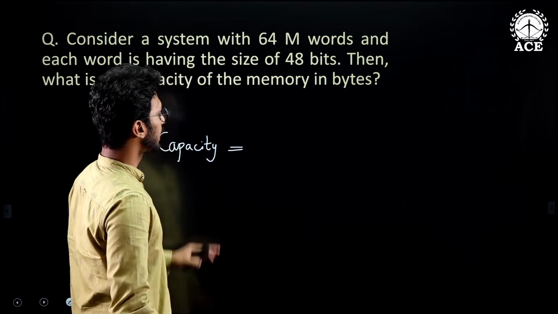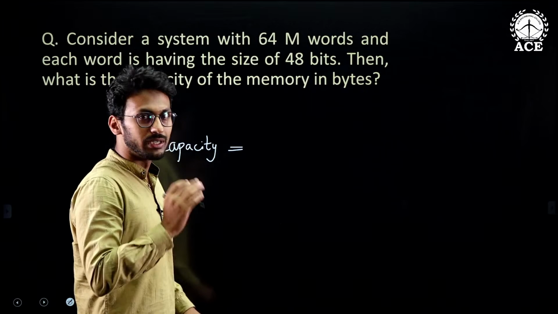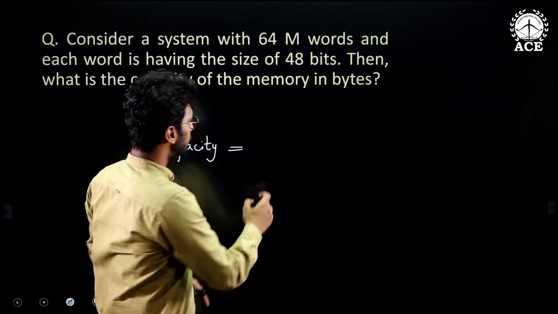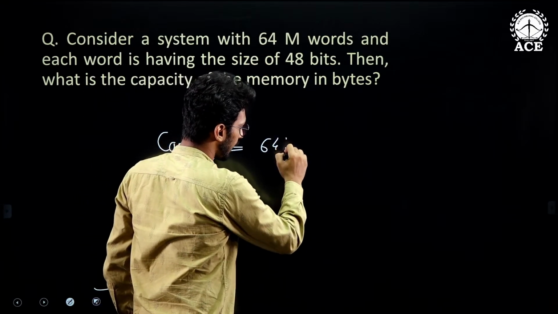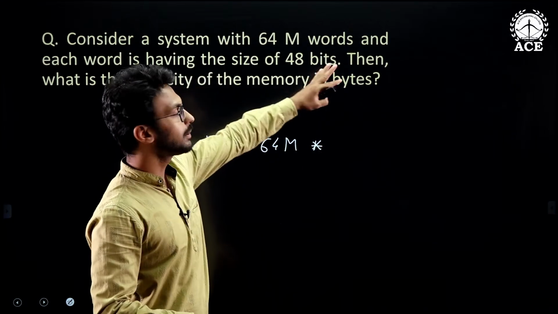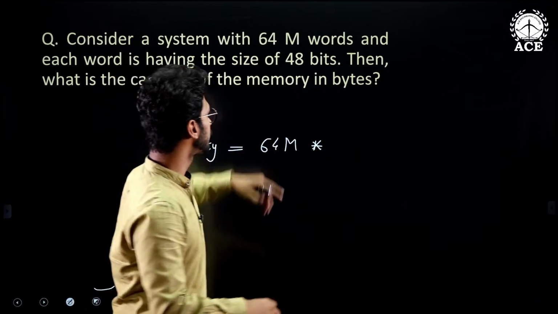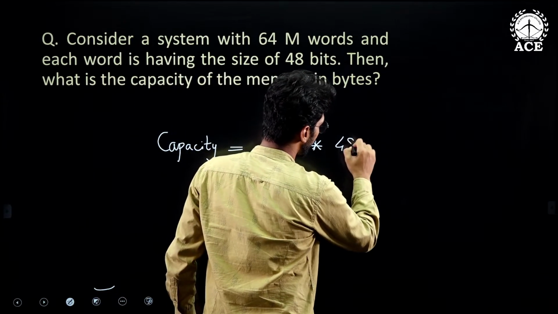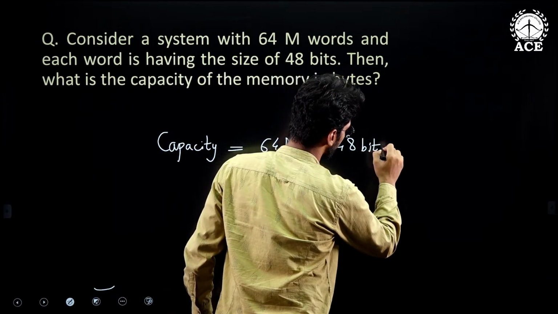Capacity of the memory is what? How many words are there in the memory? 64M, into 48 bits. So 48 bits, you have to convert it into what?